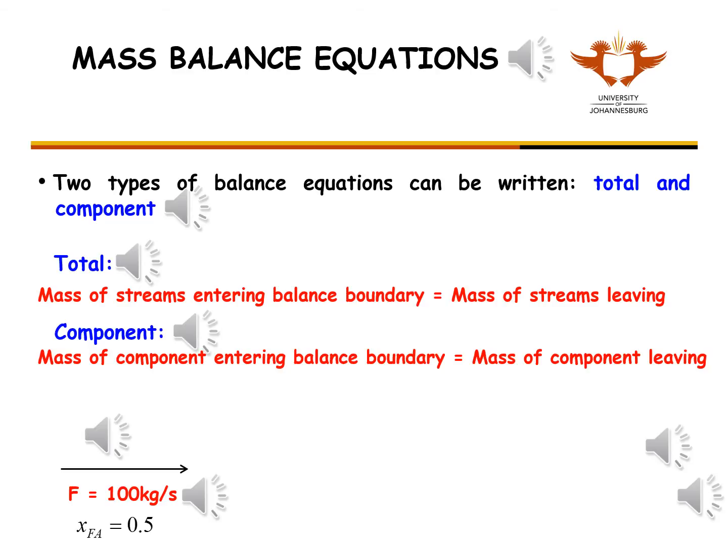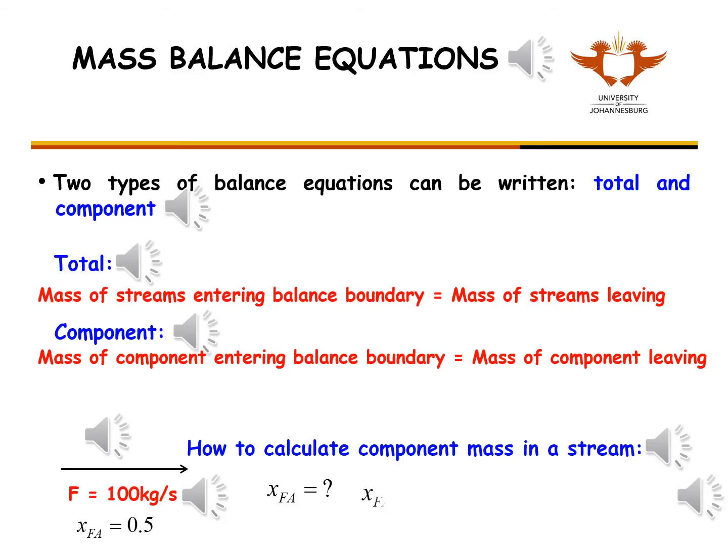For the component balance of A, you would need to calculate A, which is the flow rate of A in stream F. The flow rate of component A, in stream F, is therefore the mass fraction of A, times the total flow rate, F.